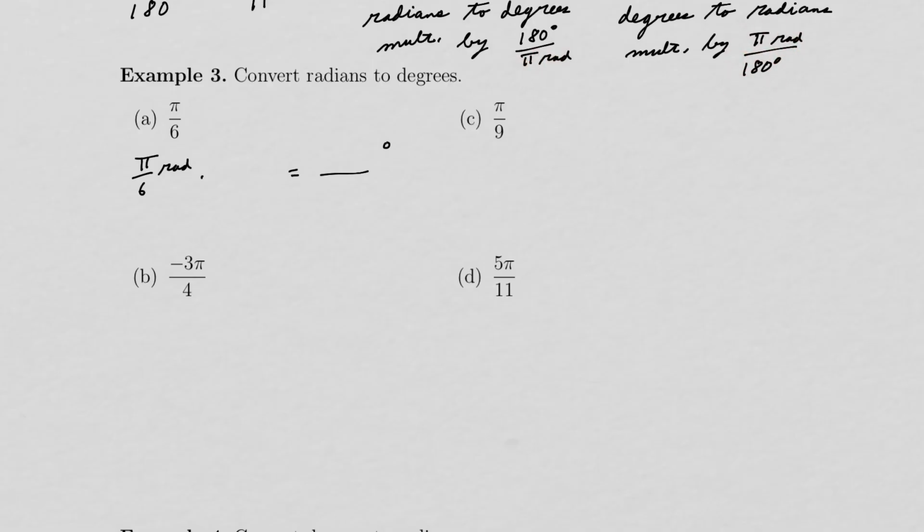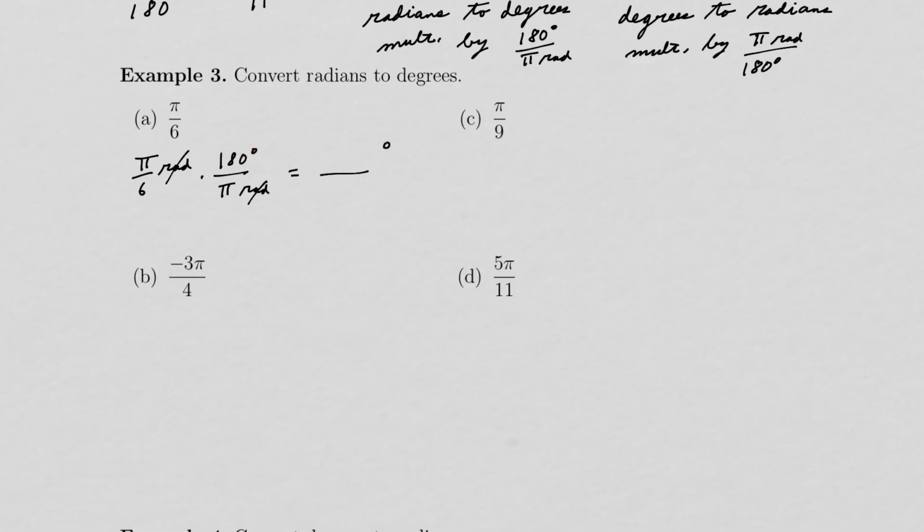I want to actually use this one. Why? Because I want radians to cancel and degrees to remain in the numerator. So if I multiply by this, you can treat units almost like numbers, right? Radians over radians will cancel, and I'm going to end up with degrees in the answer here.